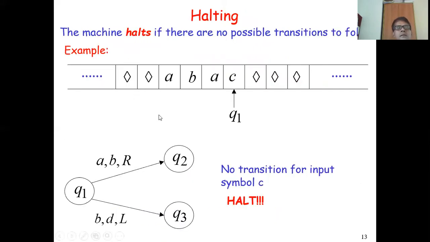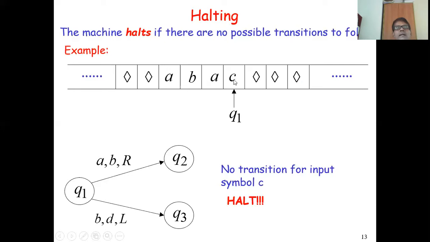So this is an example of when a machine will halt. The machine halts if there are no possible transitions to follow. For example, this is the input tape, input string A, B, A, C. Q1 is pointing to C, but we have not defined the transition for input symbol C. Therefore, the machine will halt at this stage.